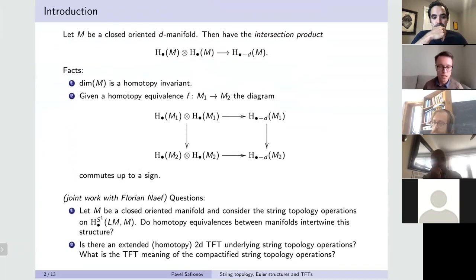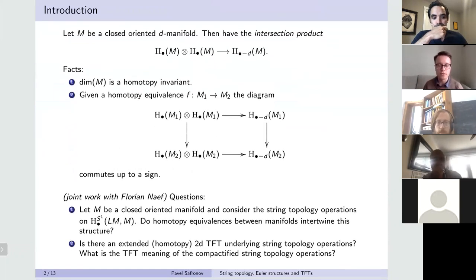The project with Florian is trying to answer the following questions. There's a lift of the intersection product to the loop space, the so-called string topology operations. There are various versions, and I'll talk about those later. But basically, it's the homology of the free loop space, possibly S^1-equivariant, possibly relative to constant loops.